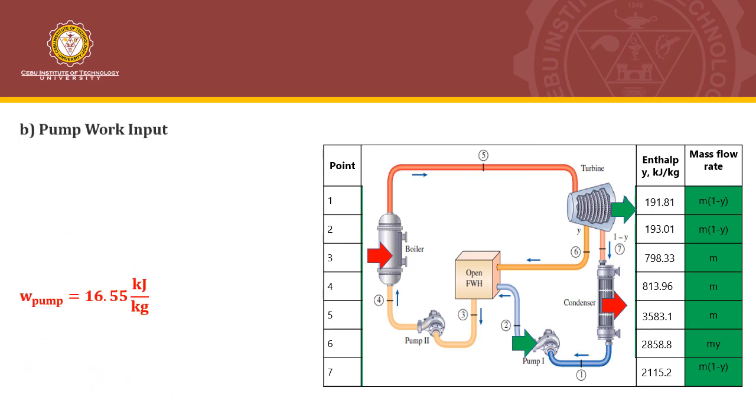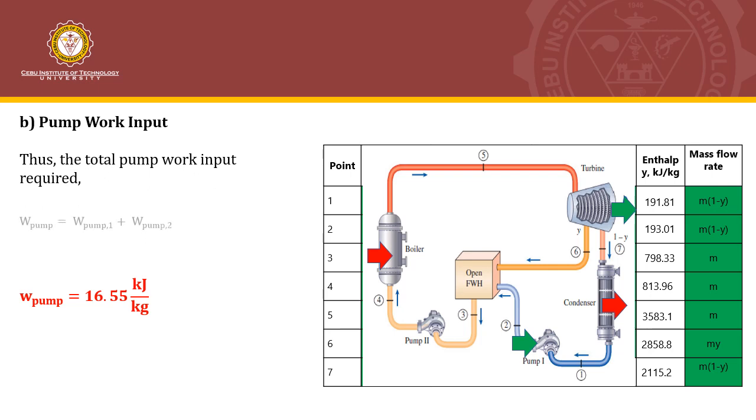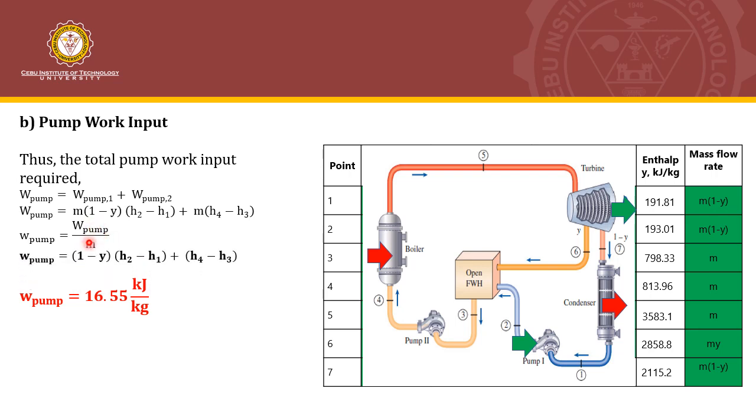Now that we already have the expressions for pump 1 and pump 2, we just add them together, as you can see here. And if we want to get it in terms of kilojoules per kilogram, we need to divide it by M. That's why we will obtain 1 minus Y multiplied by H2 minus H1 plus H4 minus H3.